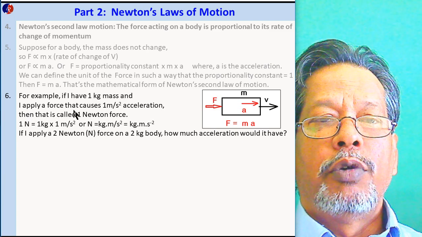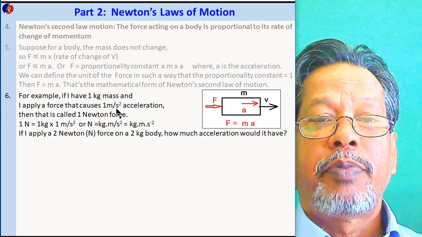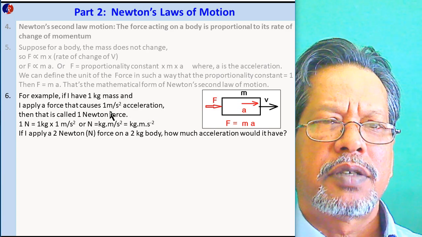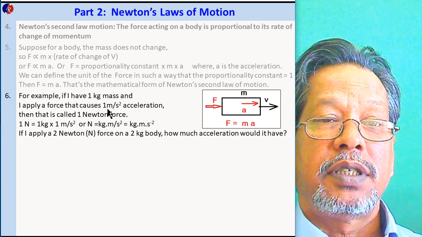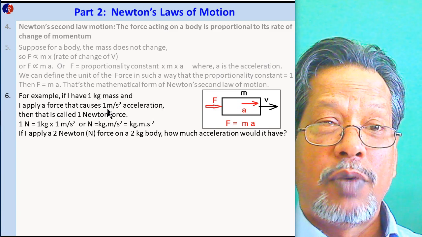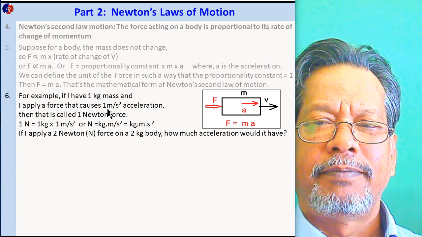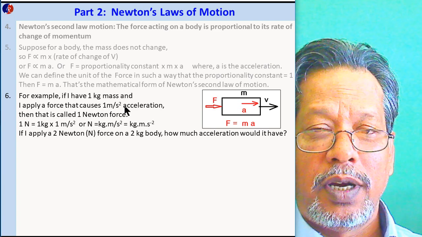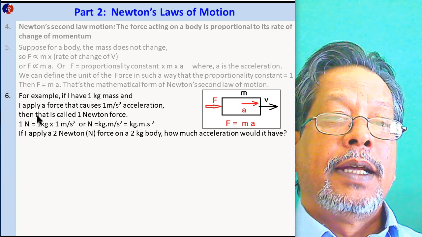If I apply a force that causes 1 meter per second squared acceleration, I hope they understand this acceleration, the rate of change of velocity. If the velocity was 0, after 1 second it becomes 1 meter per second. That acceleration would be 1 meter per second squared.